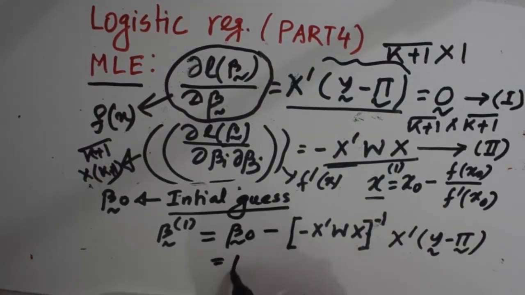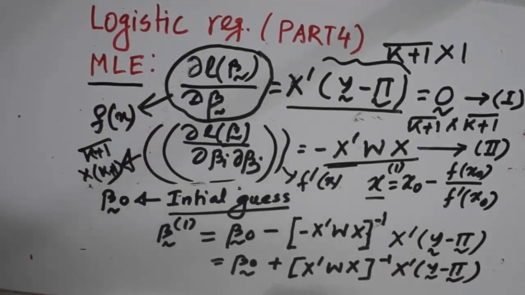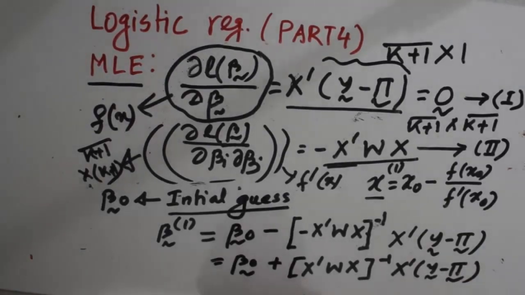So beta naught curl plus X prime W X inverse X prime y curl minus pi curl. In this way we get the first approximation of beta curl.